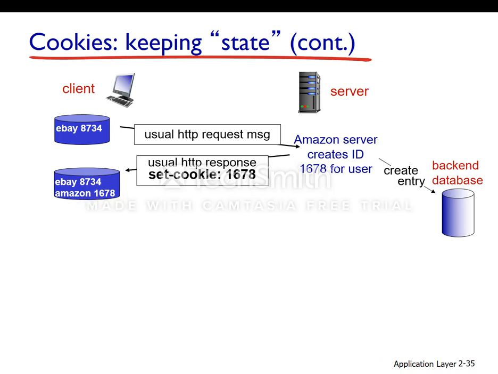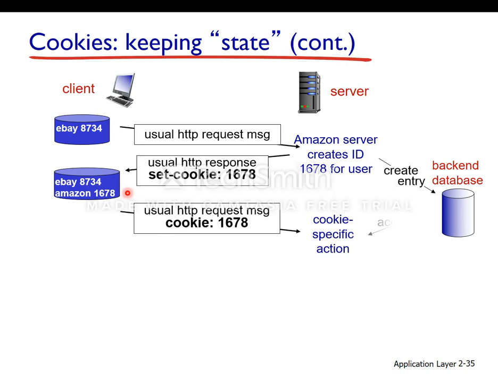Next time this client makes a request, she's going to have that cookie 1678 in the request message. And so now the server can take some cookie-specific action. For example, here are things that might interest you, or users who bought what you bought last week also bought these things.